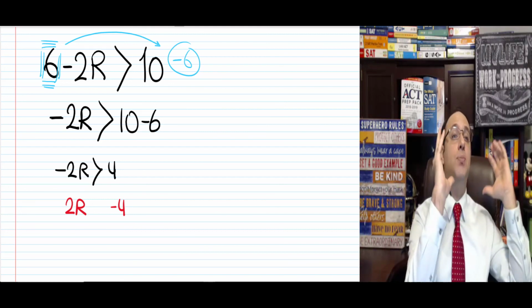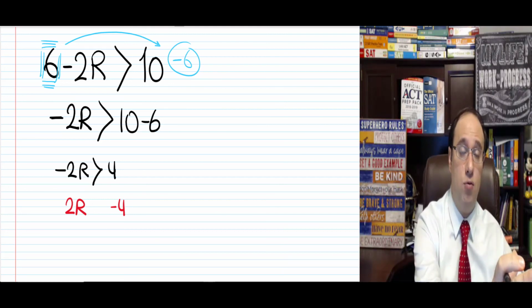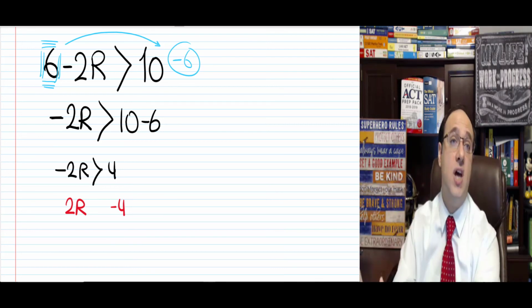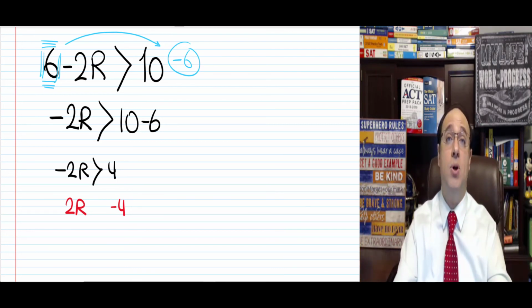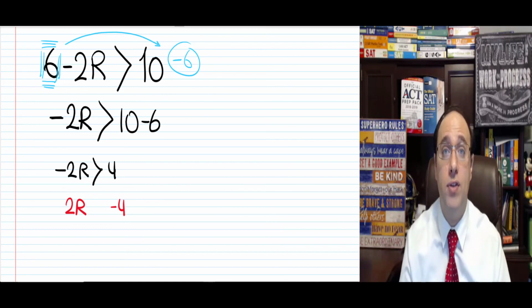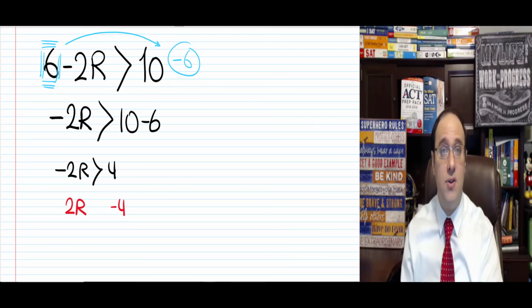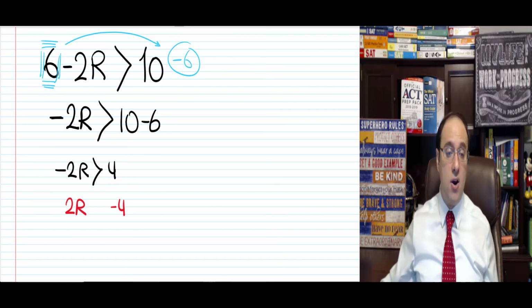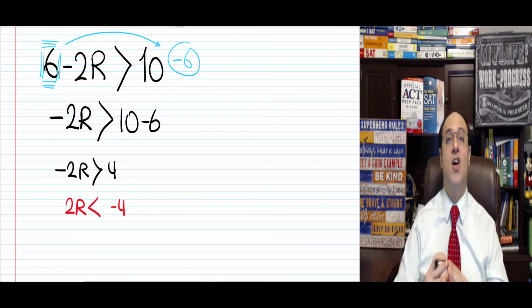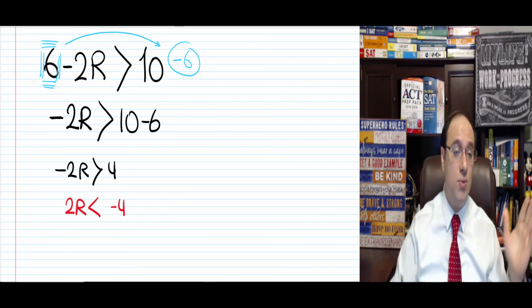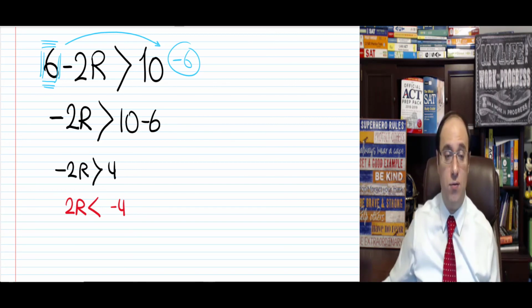I just multiplied the whole left-hand side by -1, and I multiplied the whole right side by -1. I didn't tell you I multiplied, I just switched or flipped the negative sign, okay? I did not move a number from one side to the other. That's different. So right here, I need to change the relationship. So it becomes positive 2r is less than -4.